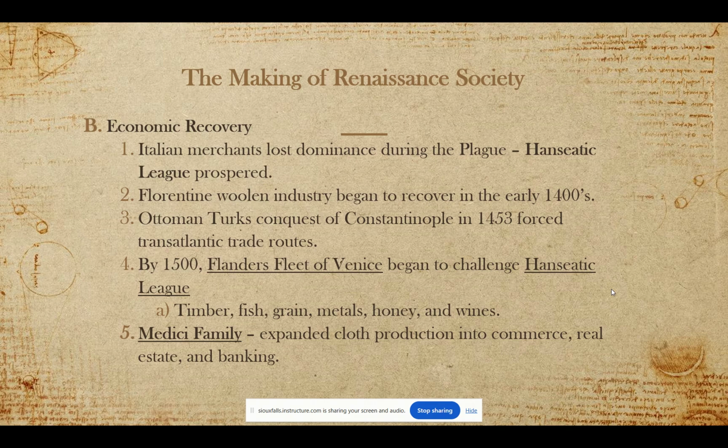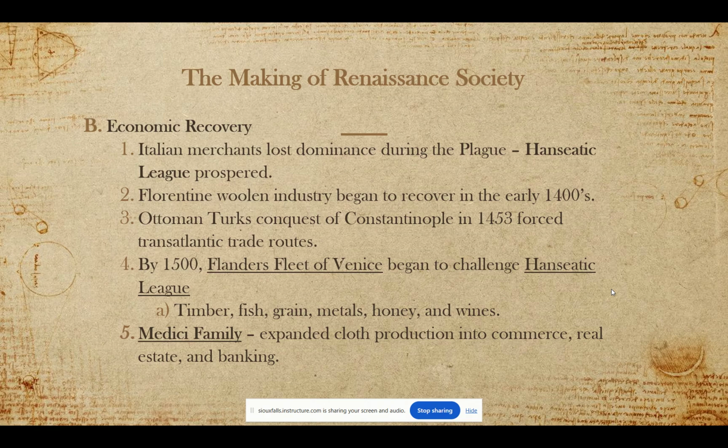After the plague had run its course, people started to travel again freely without fear. And we start to see an economic recovery happen to the point where Italian city-states like Milan, like Naples, like Florence, like Venice, they start to challenge what was the dominant maritime trade system, the Hanseatic League.